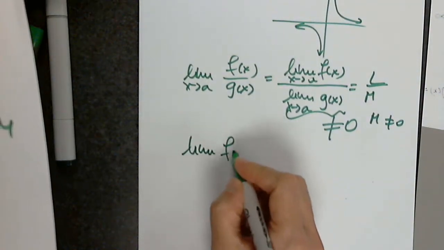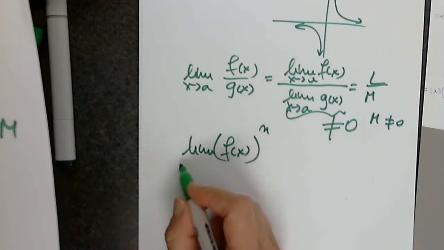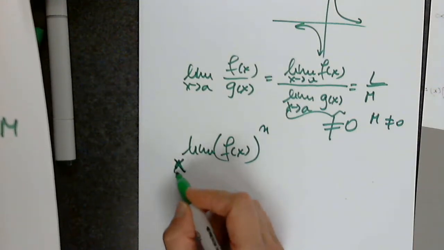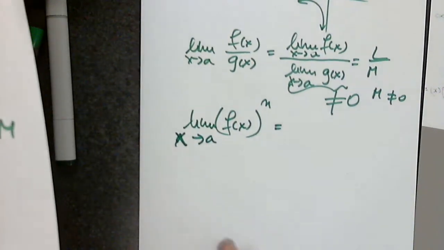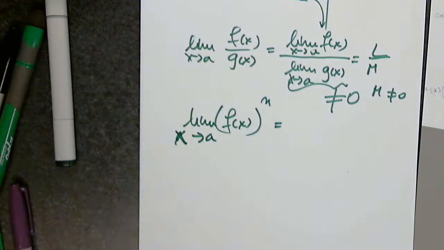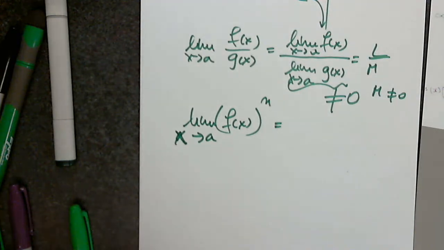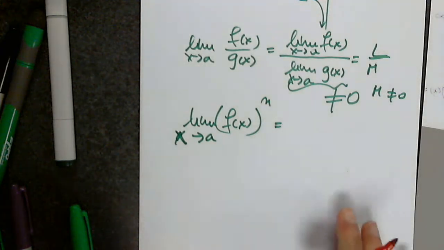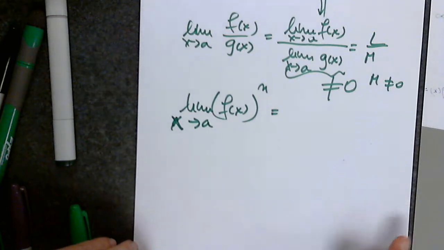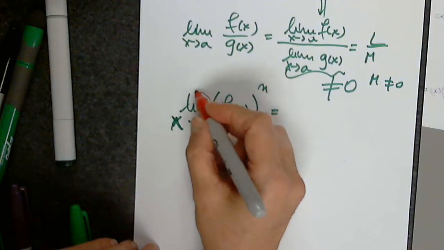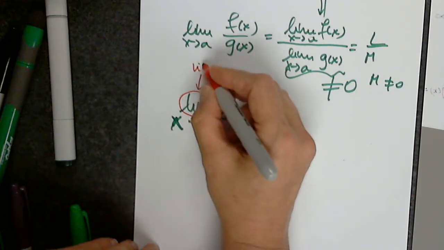Very good. Next one. Limit of f of x raised to the nth power, as x, of course, approaches a. This is a very important concept, and this is used later in a lot of situations. See, this is the limit operator.